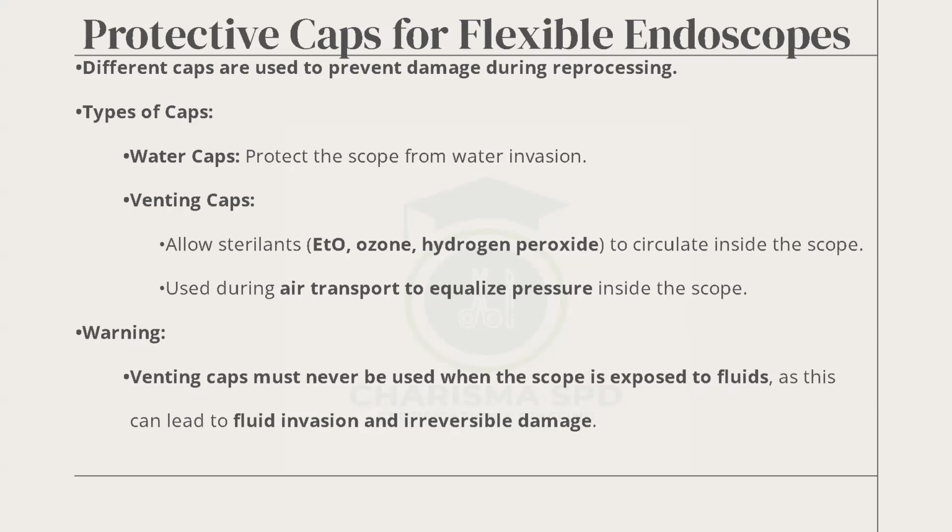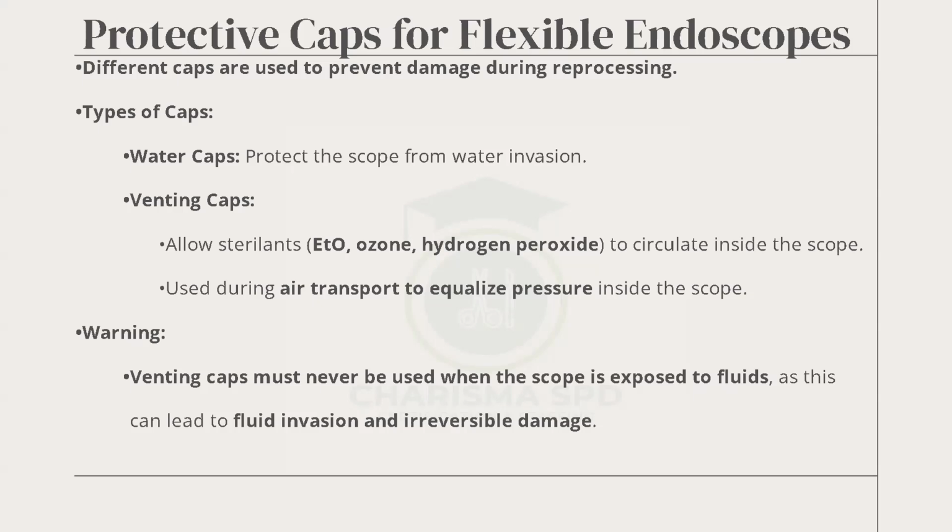Okay. We have water caps, we have venting what? Caps. The venting cap is to open up the scopes to the sterilization process. If the scope is closed and you put it inside the sterilizing machine, you are about to what? Destroy it. So we have a venting cap. When you get there, you will see it, and maybe during the course of this conversation, we must see the picture somewhere along the line.